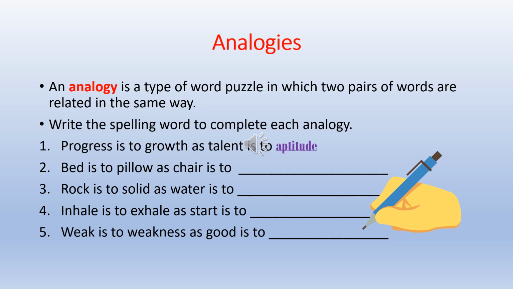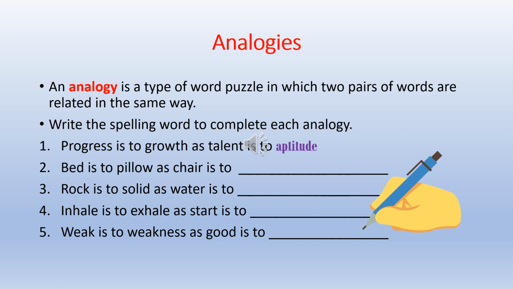Number 3, road is to solid, as water is to. Road is to solid, relate road and solid. And then the same thing you have to do for water is to. Road is to solid, and water is to fluid.